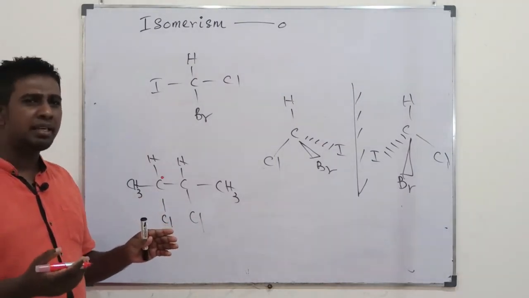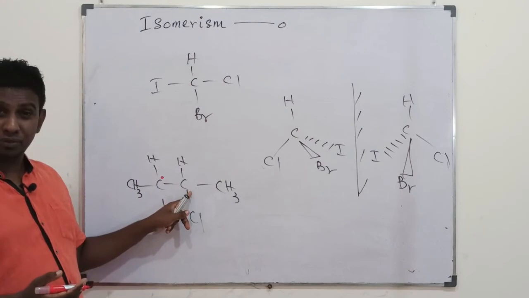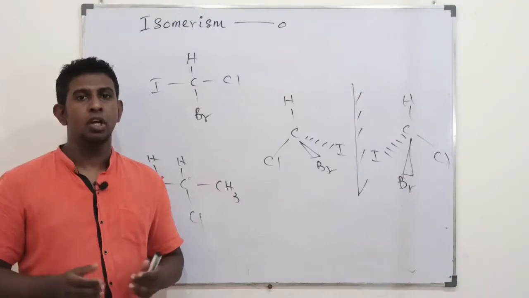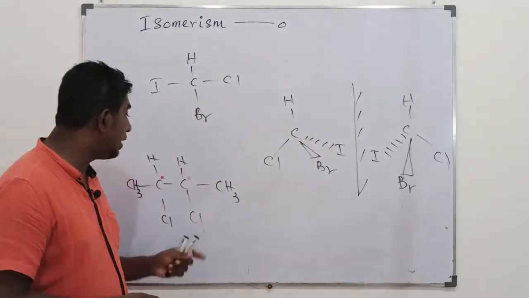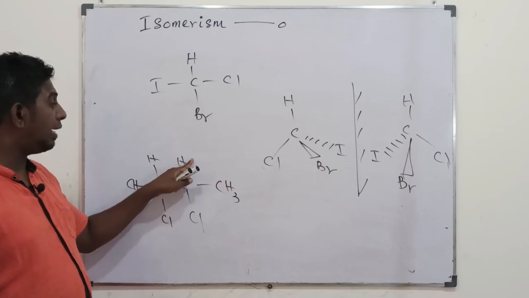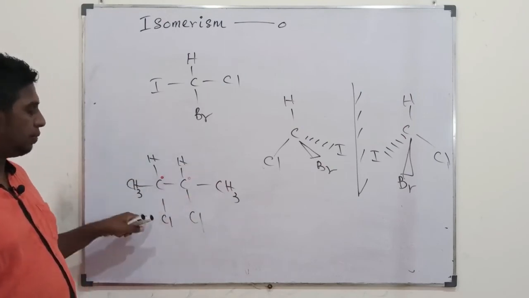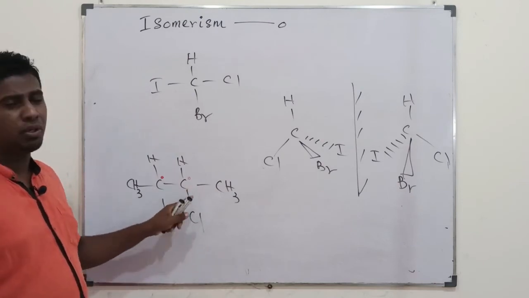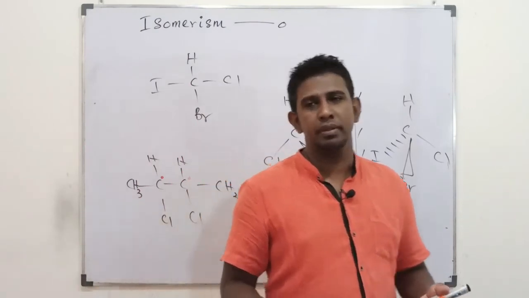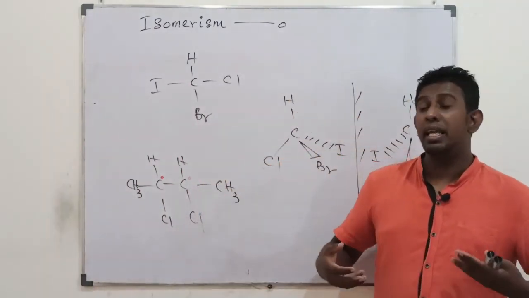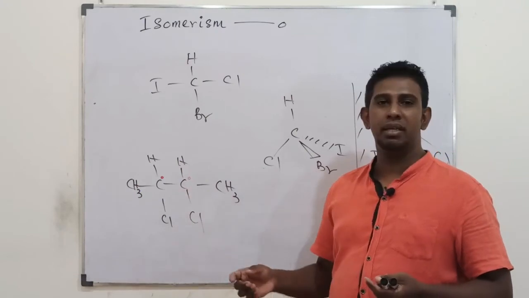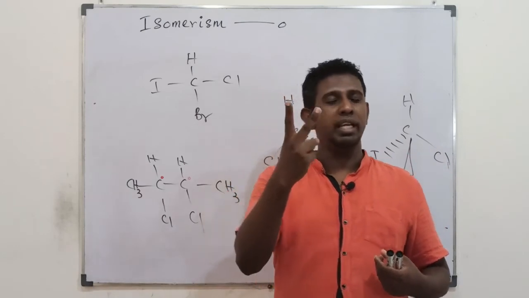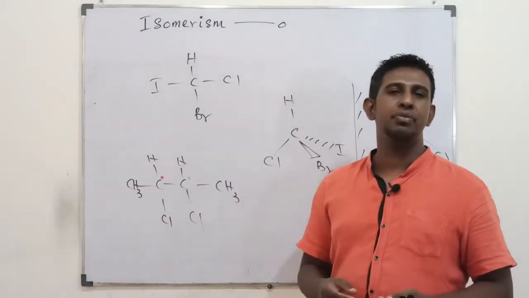When you independently consider this carbon as well, this carbon also has four different groups: hydrogen, methyl, chlorine and this group, which is different from the others. Therefore, it's possible to arrange those four different groups around this carbon in two ways. Then you could expect two enantiomers for this carbon as well.